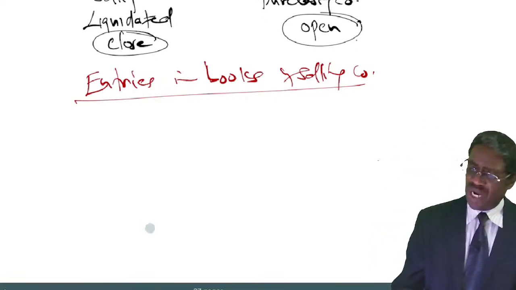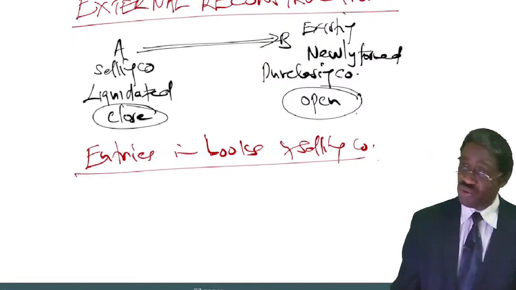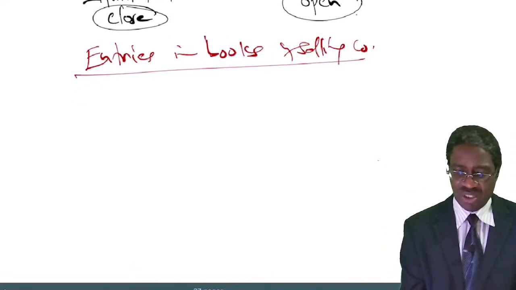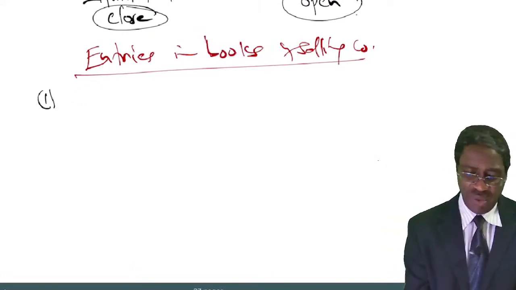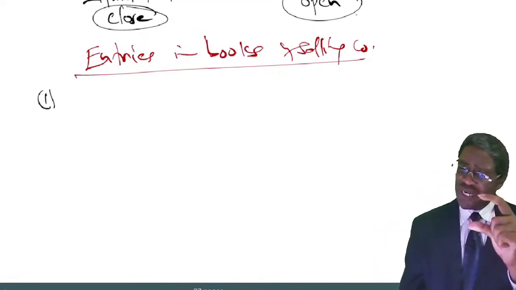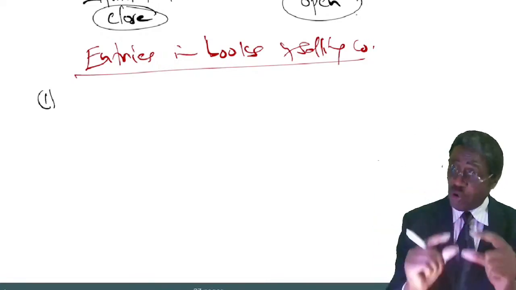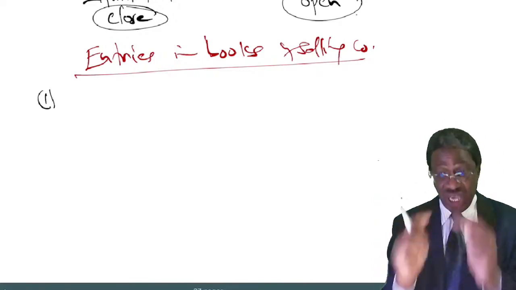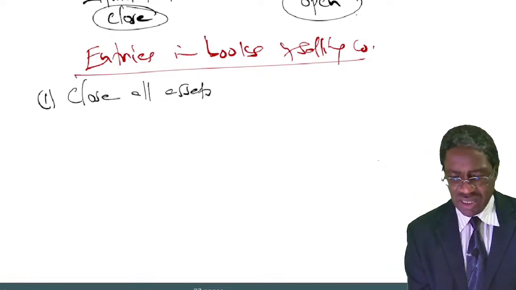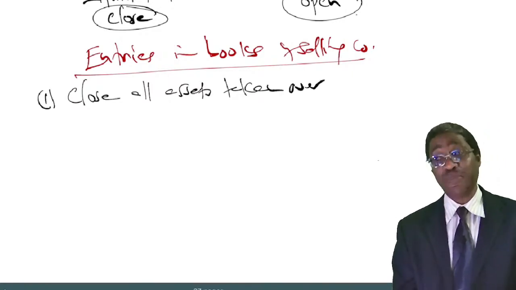So what we want to talk about now is, how do you as company A close your books? Let me go through the accounting entries in the books of company A. Number 1, don't write. Let me go through first. Number 1, whatever assets you as company A have, which B decides that they are going to take over from you, then you, A, are required to close all assets taken over by the purchasing company.